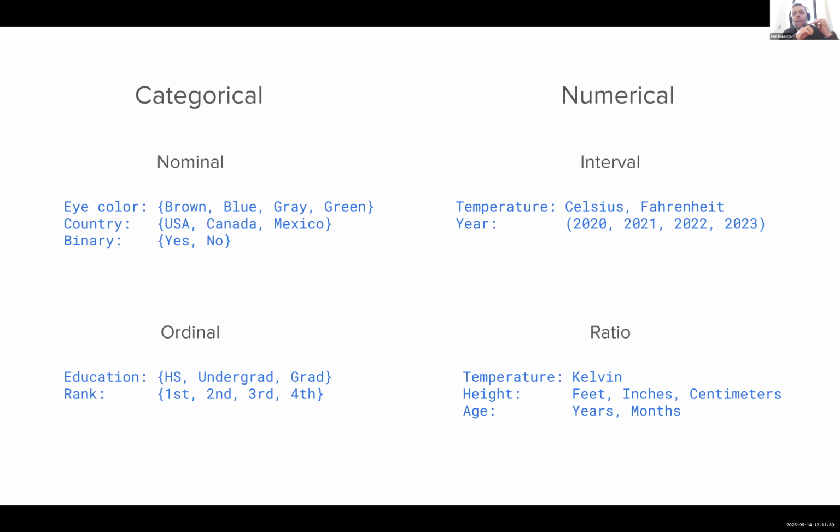So in categorical data, there's nominal categorical data, which is just sets of values, like brown, blue, gray, and green eye colors. There's no order to those. And then ordinal categorical data are sets of values that have an order, like a rank or a level of education achieved. So those are a little bit different.